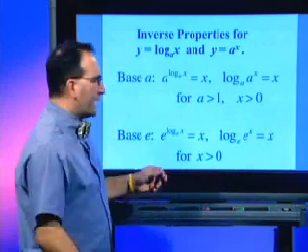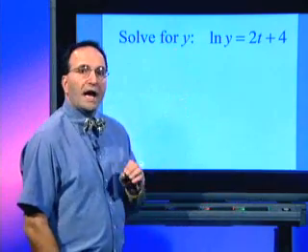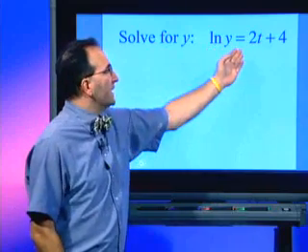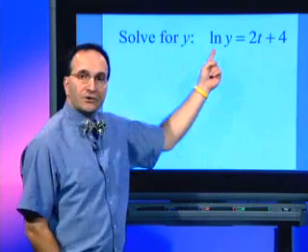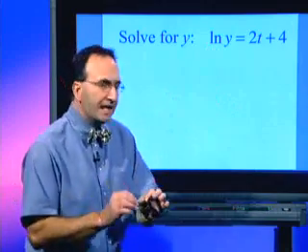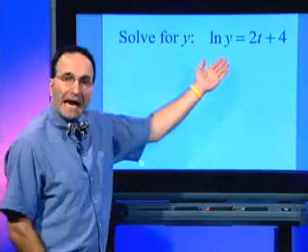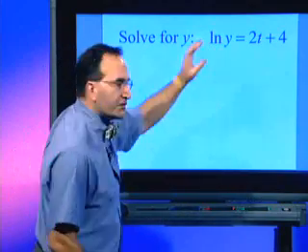All right, let's try an example. Solve for y where you have log of y = 2t + 4. Recall that this is the natural log, which is the same as saying log base e of y. So what we're going to do here is raise the base e to both sides of this equation.